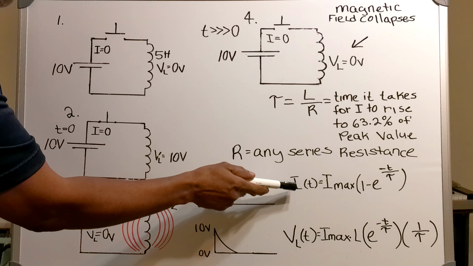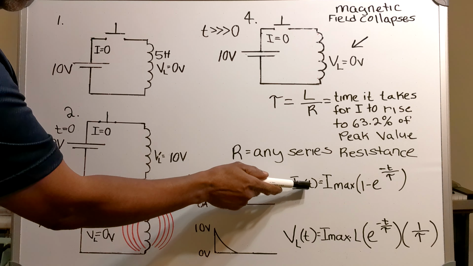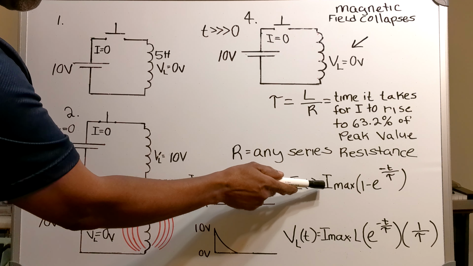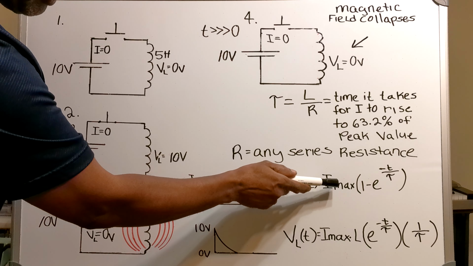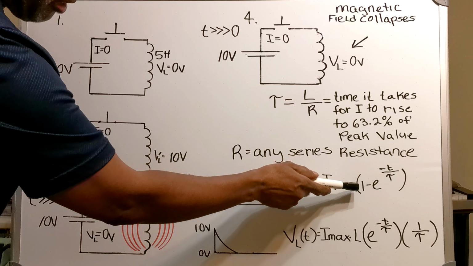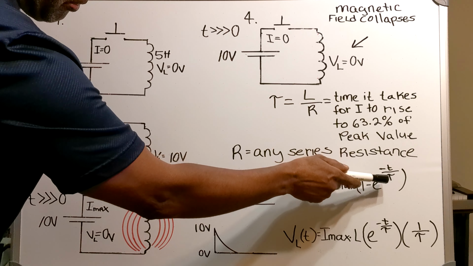The formula for the current is I of t equals the max current times 1 minus e to the minus t over tau.